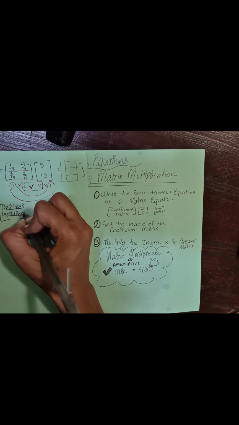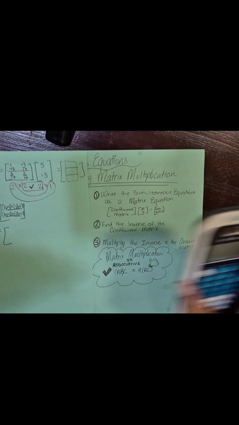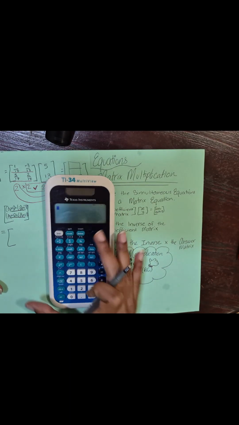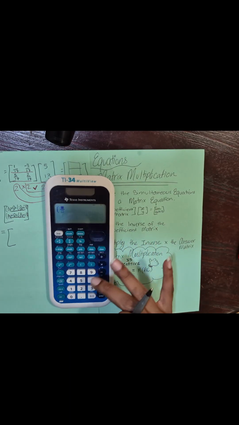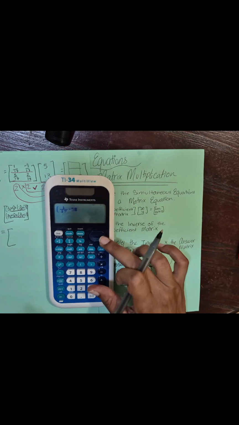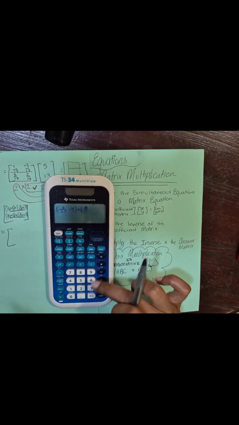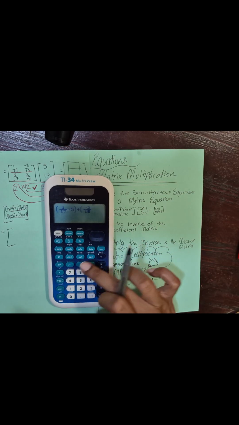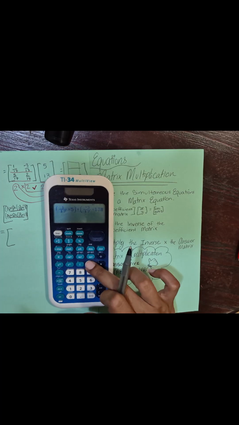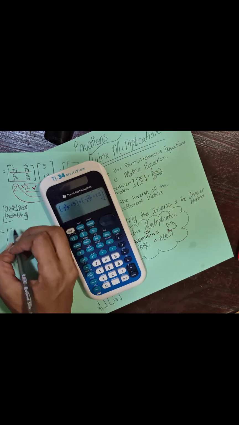And there's an addition in the middle. Now let's just use our calculators for this one. So we've got in brackets 1 over 17 times 5 plus in brackets negative 3 over 17 times 13. And that is negative 2.